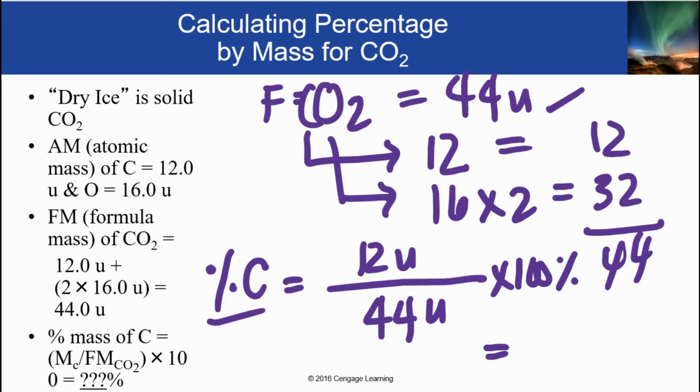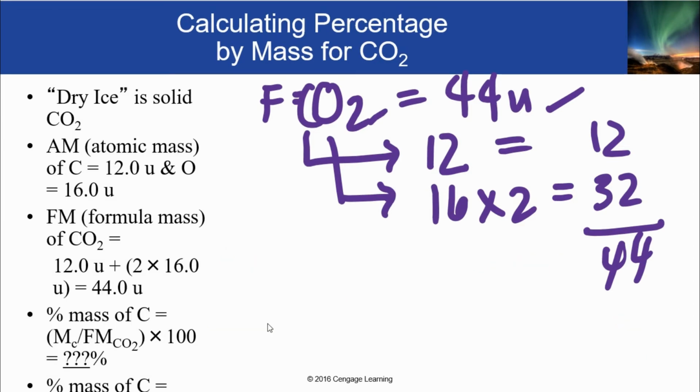So, let us do the calculation. We have 12 divided by 44 times 100. The answer is 27.3%. Round off na lang natin yung nakuha, which is 27.27%.